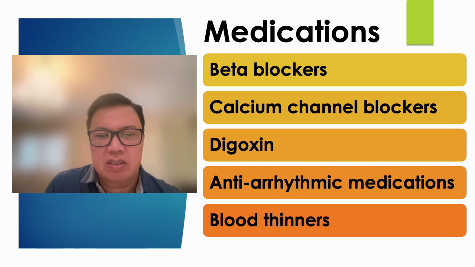Blood thinners usually used are Coumadin or warfarin, Eliquis, Pradaxa, Savaysa, or Xarelto.